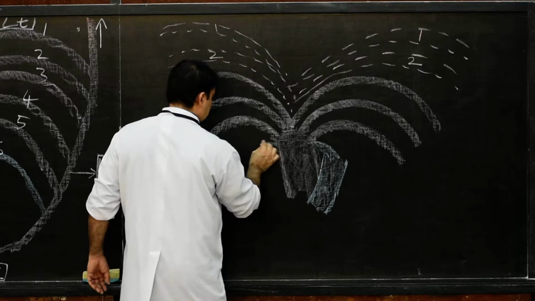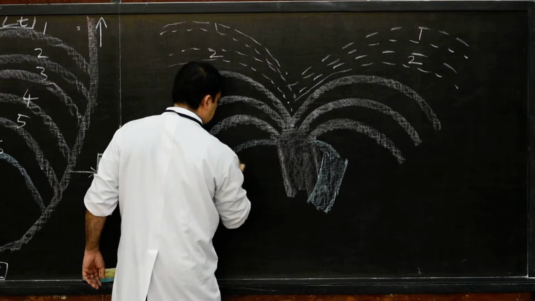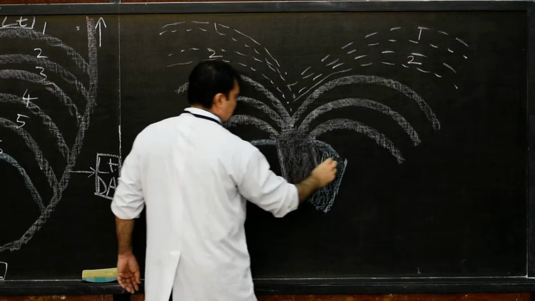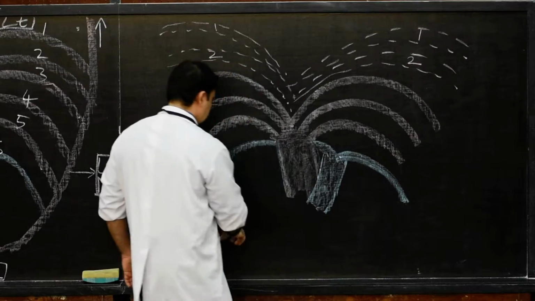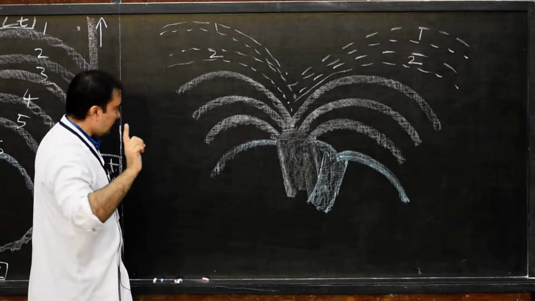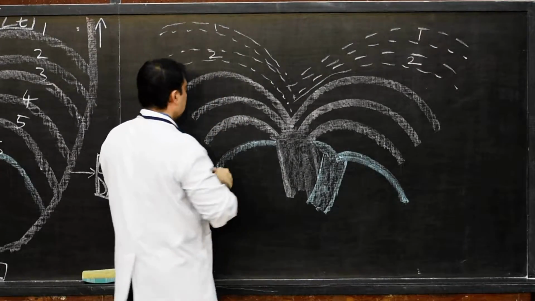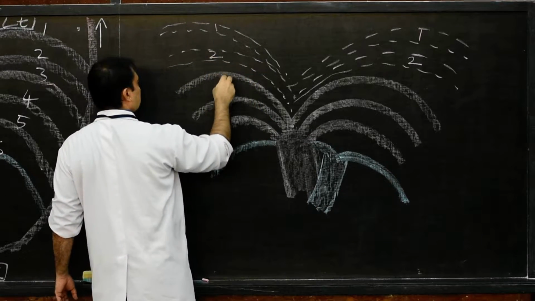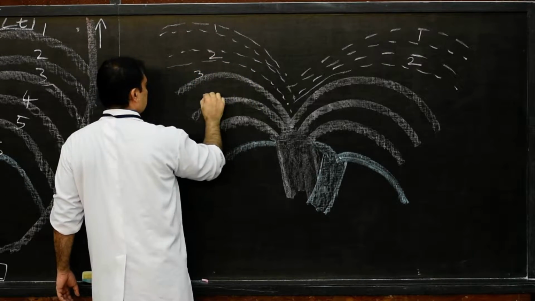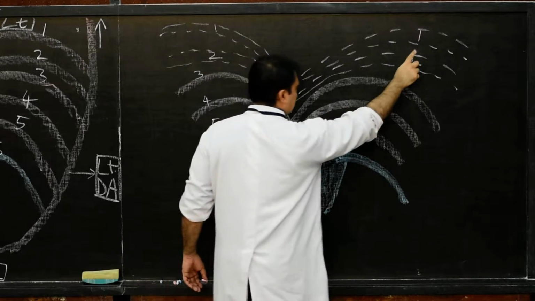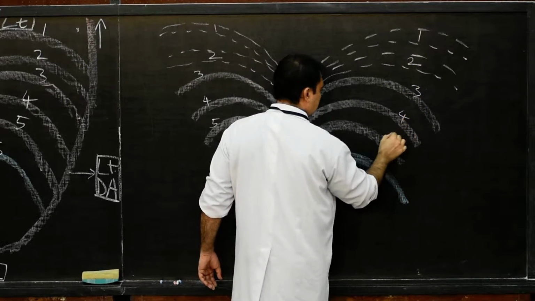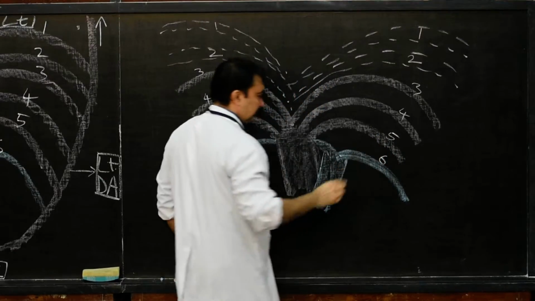This will go on the right side, so this will be 6th, and this will go on the left side. Again it will be 6th. Now we put the numbers: 1, 2 we have put, then 3, 4, 5, 6, 1, 2, then 3, 4, 5 and 6.